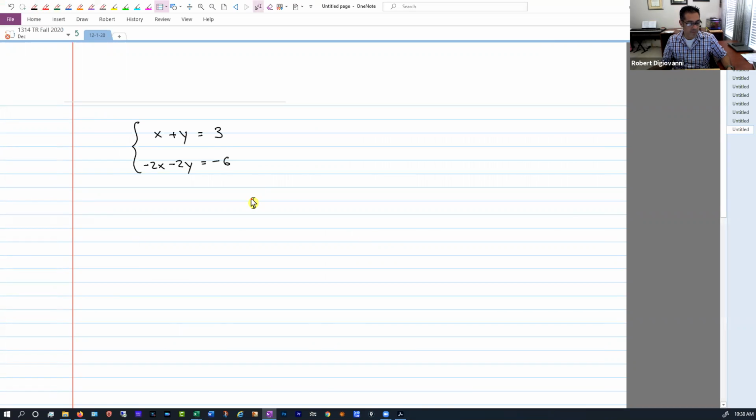There's a system. I'm going to multiply the top equation by 2. I hope you see that I'm doing that to make the x's cancel. So 2 here, 2 here, 2 here. When I do that, I get 2x plus 2y equals 6. And then the bottom one is minus 2x minus 2y equals negative 6.